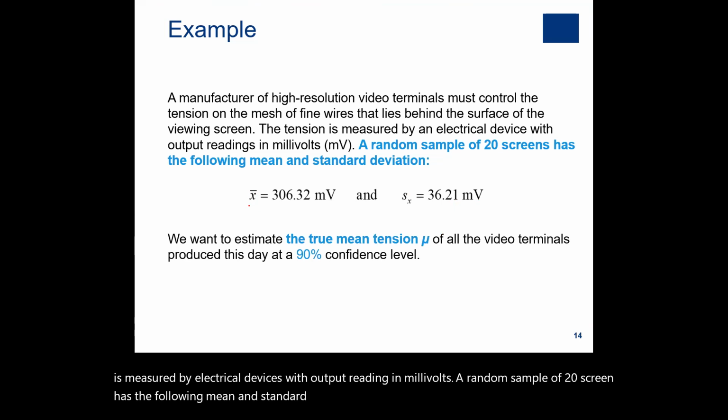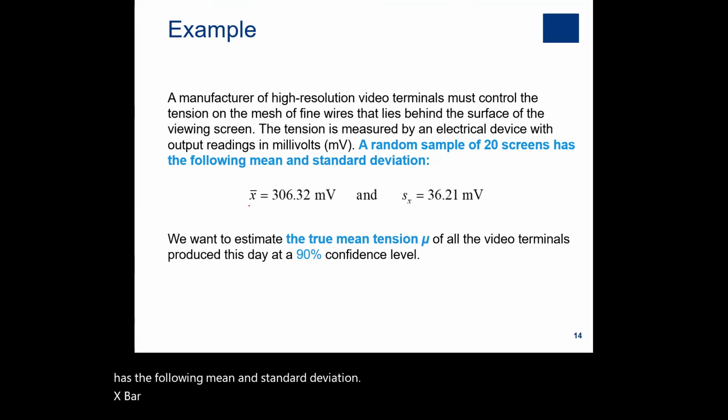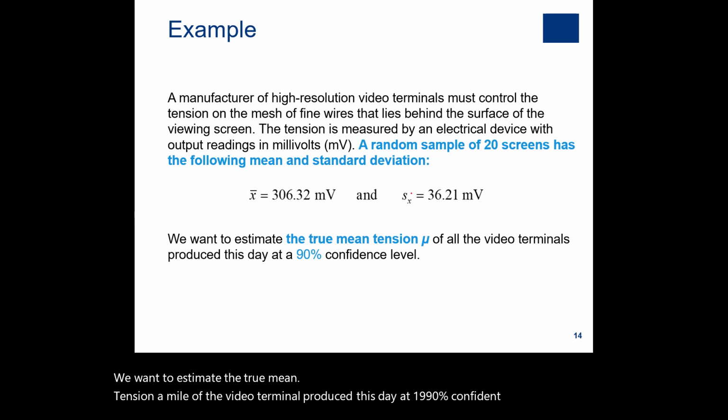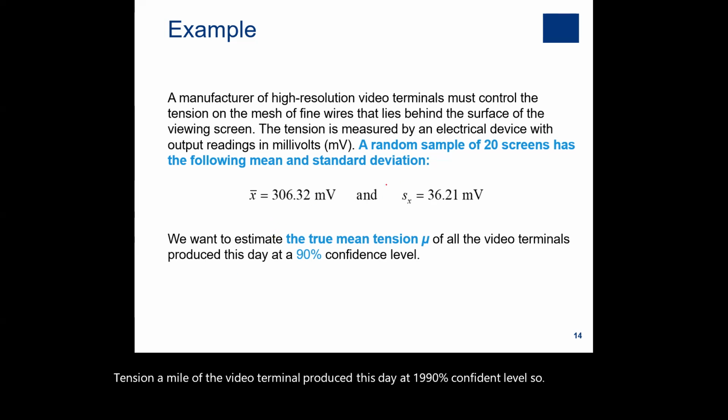X bar is given, S is given. We want to estimate the true mean tension mu of the video terminals produced this day at a 90% confidence level. So we have X bar, we have S, we have n, this n equal to 20.